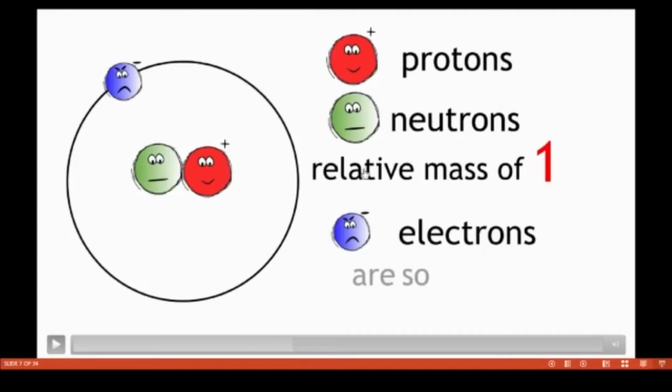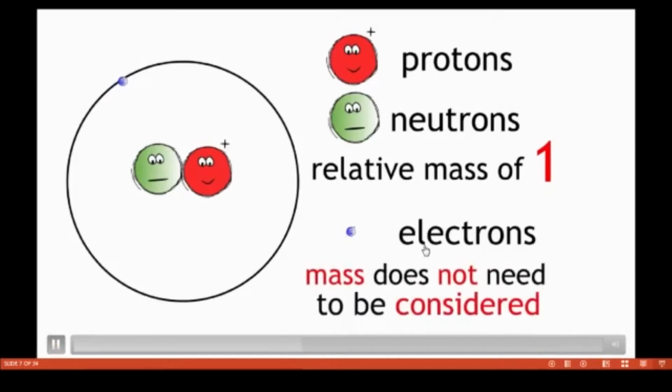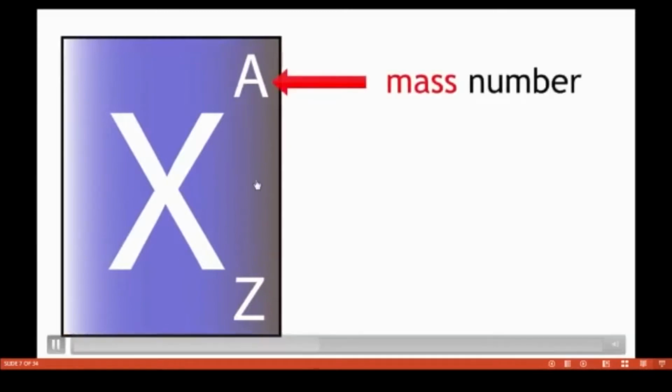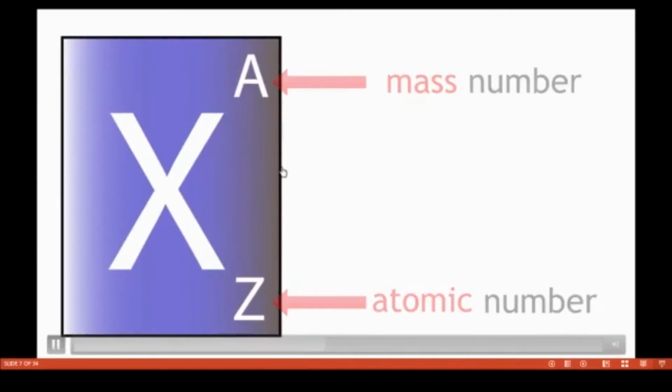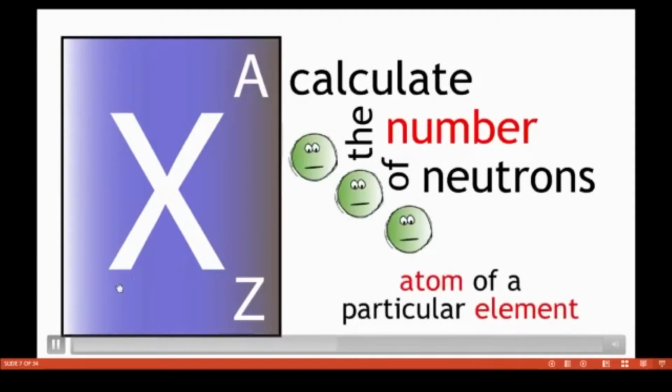Protons and neutrons have a relative mass of 1, but electrons have no mass to consider because they are very small. Electrons are so small that their mass does not need to be considered. A is the mass number, Z is the atomic number. Now we calculate the number of neutrons in an atom of a particular element.